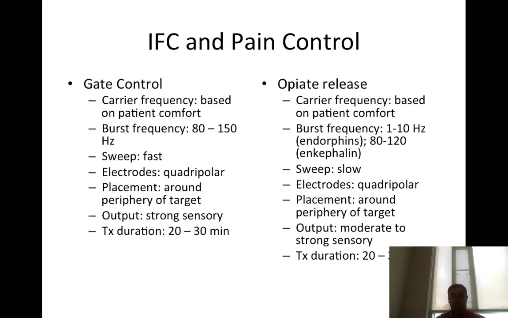So here you go: if you want to treat a patient with gate control theory or the opiate release, this is how you set them up and what the parameters on the machine should be. Burst frequency for this opiate, you can do 80 to 110 and get some endorphin, versus 80 to 120, you get enkephalin. Crazy. If you click on the preset of an IFC on the machine, almost all of them are set to 80 to 150.